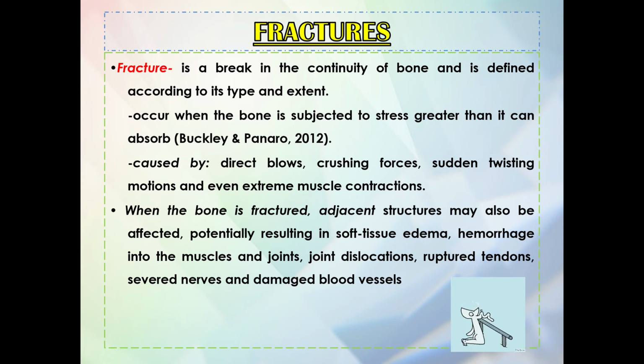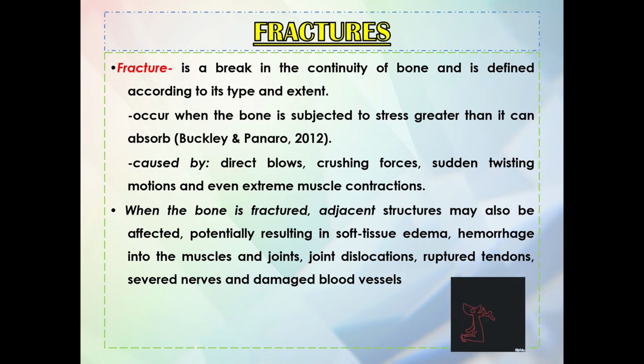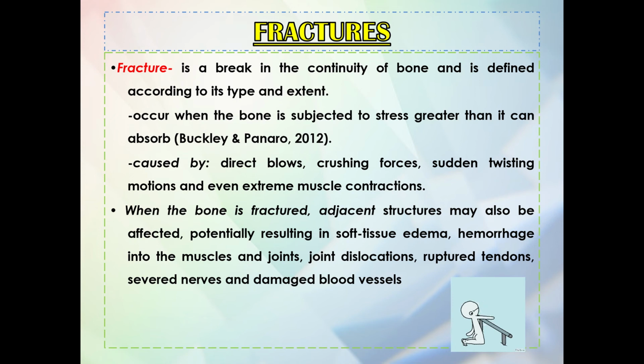So, medyo marami tayong problema na kakaharapin kapag si patient ay nagkaroon ng fracture. Ang daming problem na associated. So, it's like soft tissue edema, hemorrhage sa muscles and joints, joint dislocation, ruptured tendons, among others.